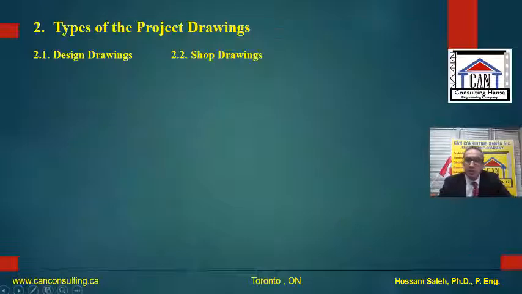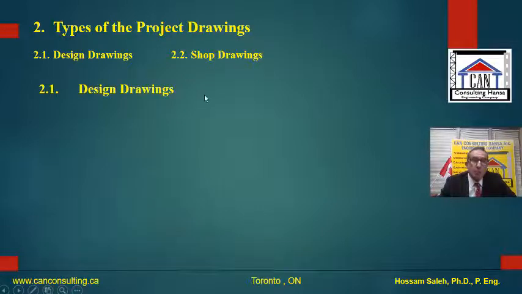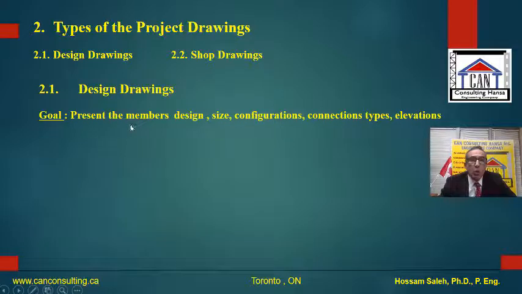So let's go to the second slide, which shows us the types of project drawings. You can have design drawings or you can have something called shop drawings. The design drawing has the goal to present the member design, size, configuration, connection types, elevation, and so on.